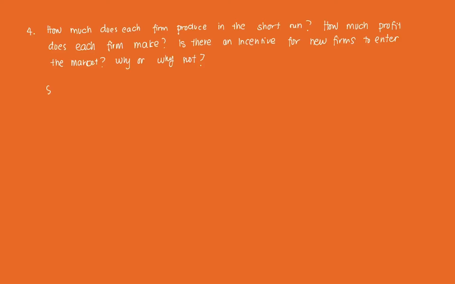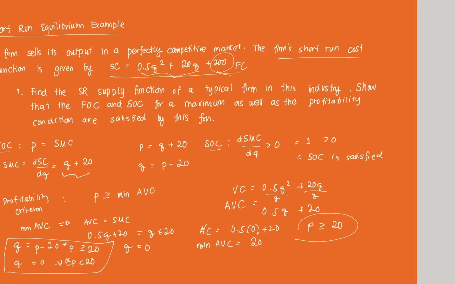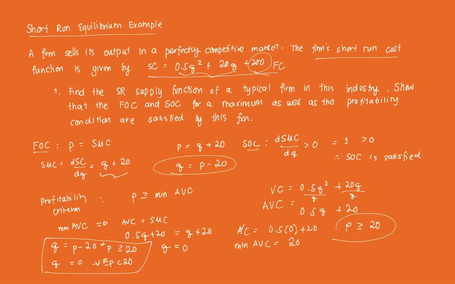If you recall, the market equilibrium price is equal to 42.86. We computed that in number 3. And that's greater than 20, so satisfying the profitability criterion. Then, if you recall from our FOC earlier, we said that Q is equal to P minus 20, which is 42.86 minus 20.